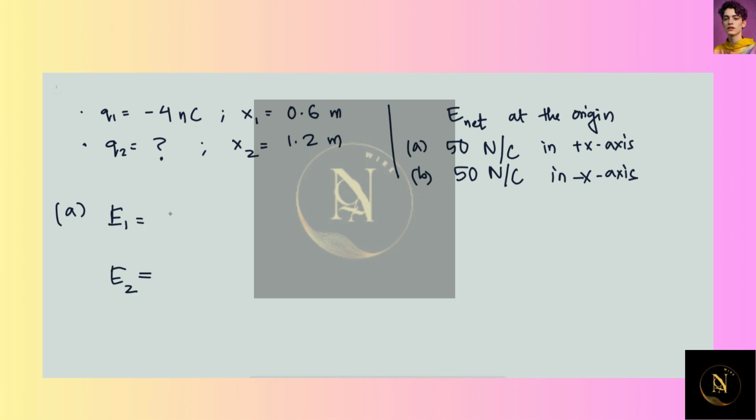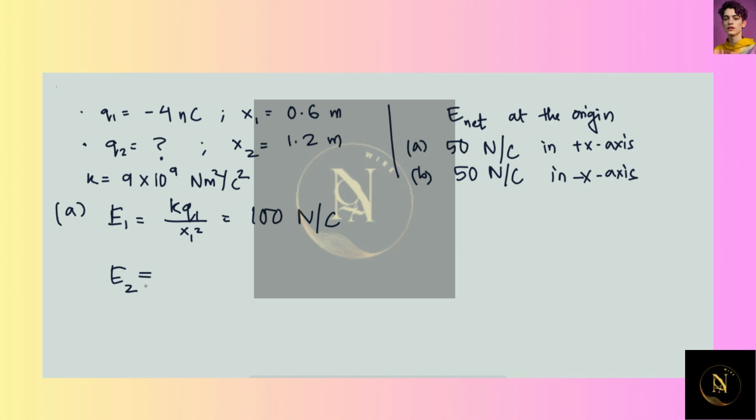E1 will be equal to k times q1 over x1 square, because this is the distance from the origin. Substituting the values, with k the Coulomb constant equal to 9 times 10 to the power 9 Newton meter square over Coulomb square, we get E1 to be 100 Newton per Coulomb.